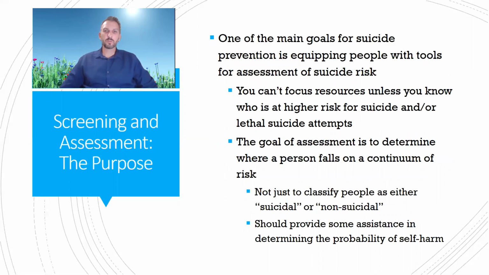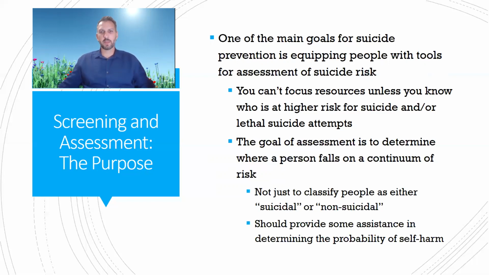And one of the main goals for suicide prevention is really equipping people with tools for assessment of suicide risk. We know you can't focus resources unless you know who is at higher risk for suicide and for lethal or nearly lethal suicide attempts. And so the goal of assessment is to try to determine where a person falls on a continuum of risk. And it's important to emphasize it's not just about classifying people either as suicidal or non-suicidal.